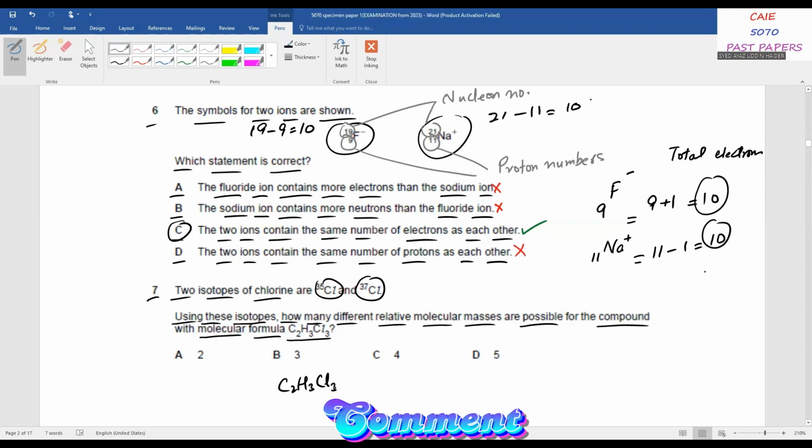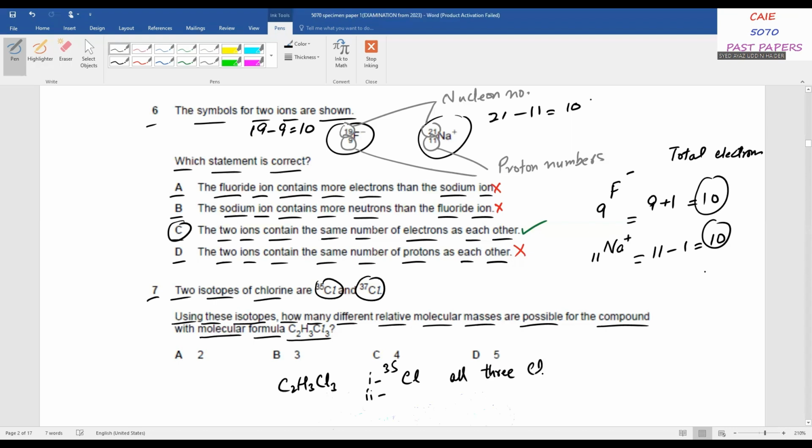Possibility number 1: all three chlorine atoms are of the same nucleon number, that is Cl35. Possibility number 2: all three will be of chlorine 37.